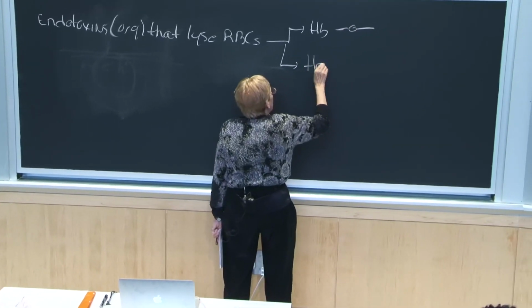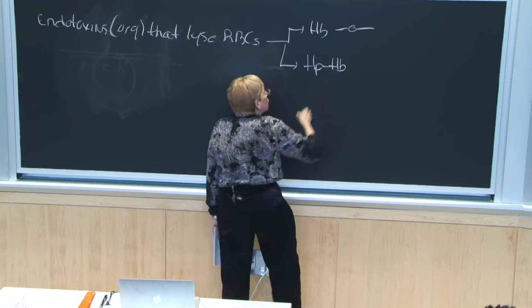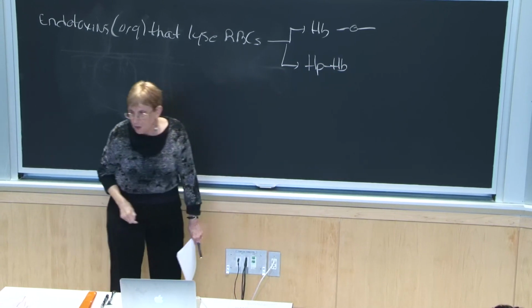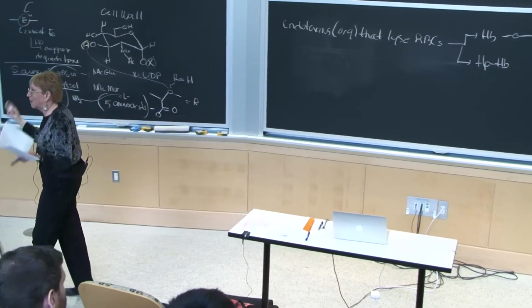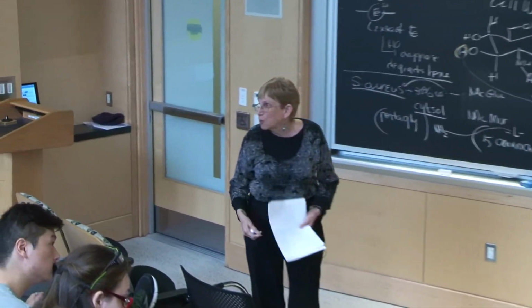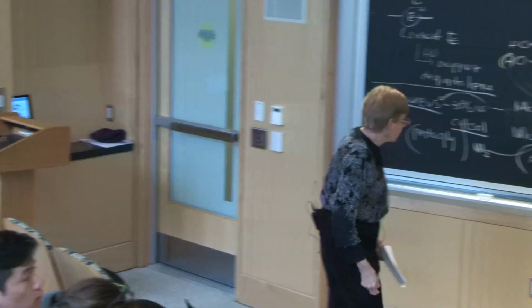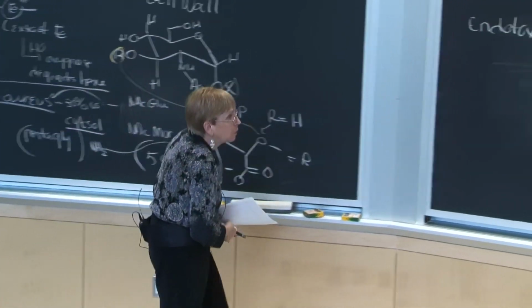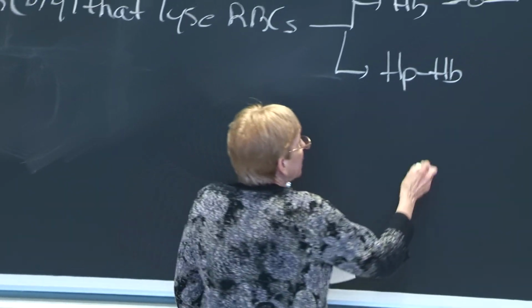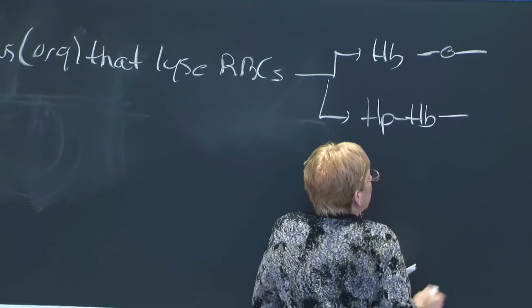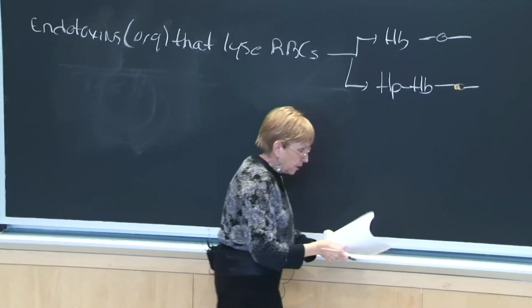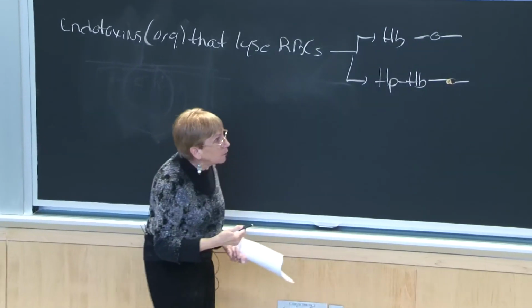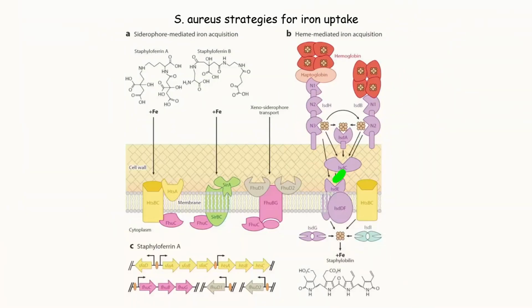And also, and I have this down in your nomenclature, it turns out red blood cells have another protein called haptoglobin that binds to hemoglobin, and that's another place that these organisms have evolved to extract the heme. So in all of these cases, you're extracting the heme out of the protein. And so over here you see the two different ways to do that.